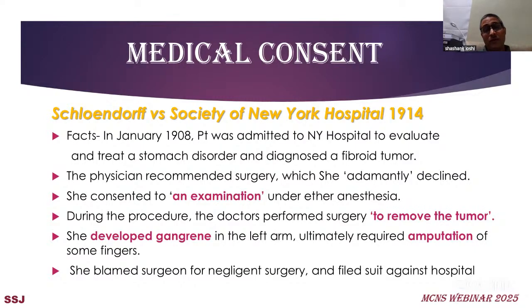However, at that time there was no CT scan, MRI scan, or sonography available, so examination under anesthesia was the preferred diagnostic method. During the procedure, the doctors performed surgery to remove the tumor. Unfortunately, this lady developed gangrene of the left arm, which ultimately required amputation of the fingers. She blamed the treating surgeons for negligent surgery and filed suit against the hospital.